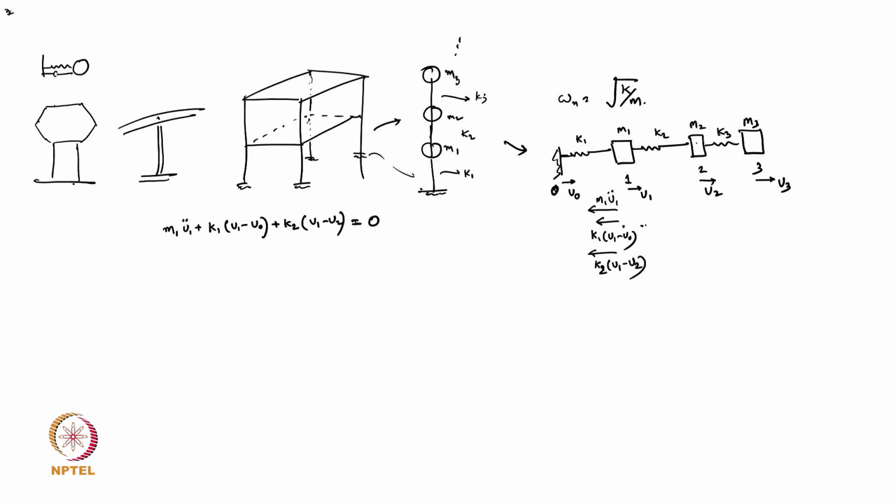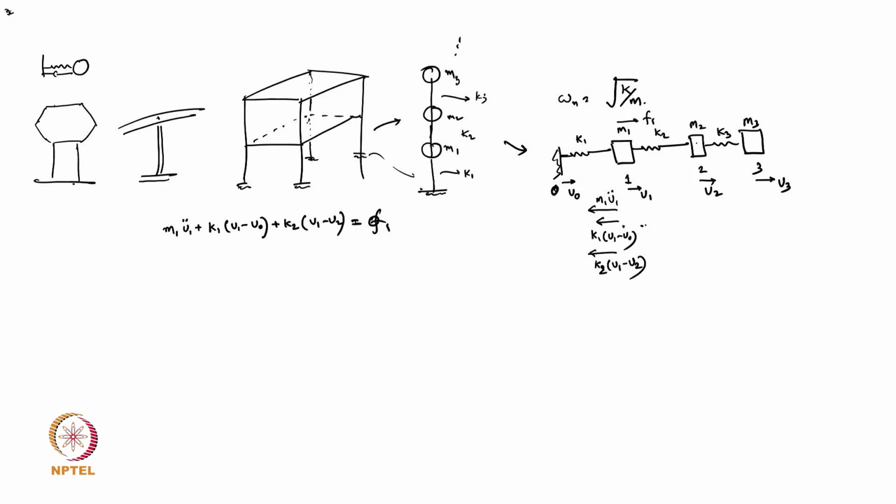First case, if we are thinking that there are no forces acting on the structure, like a free vibration case, then that should be equal to 0. Or if there is some force F1 acting on it, then it will become F1. Simple. Any doubt?